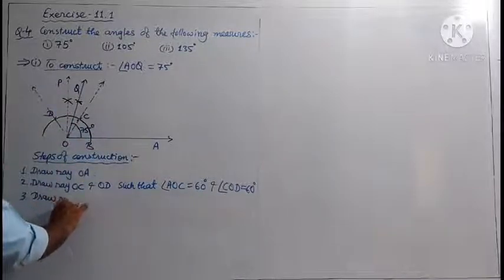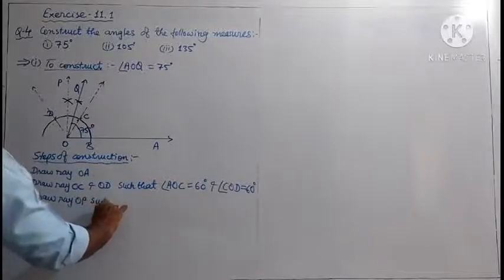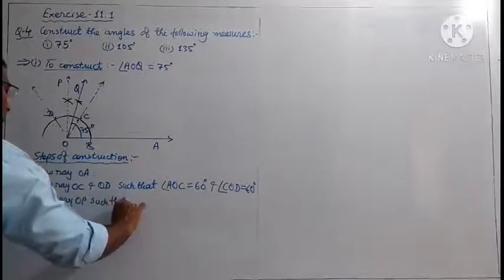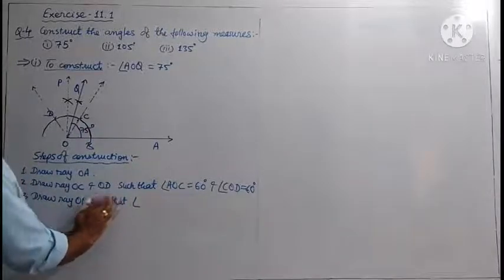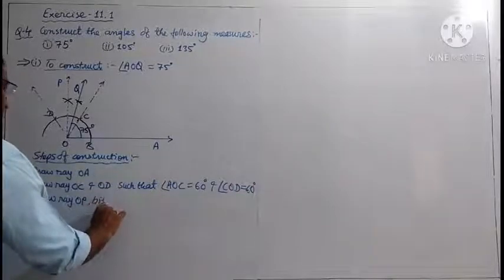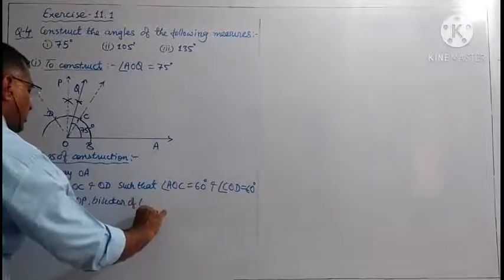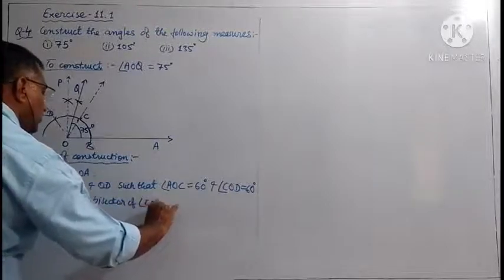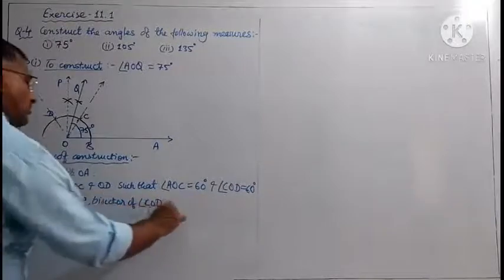Now draw ray OP such that OP is the bisector of angle COD. And when we draw this, what happens?